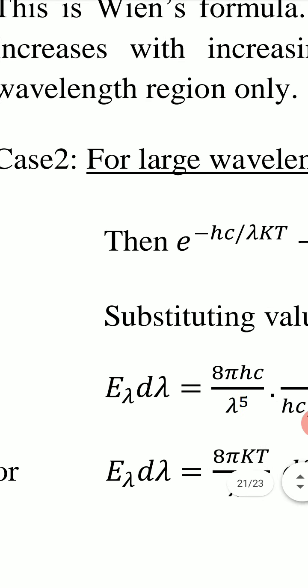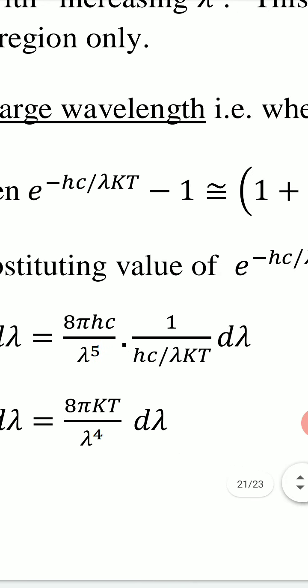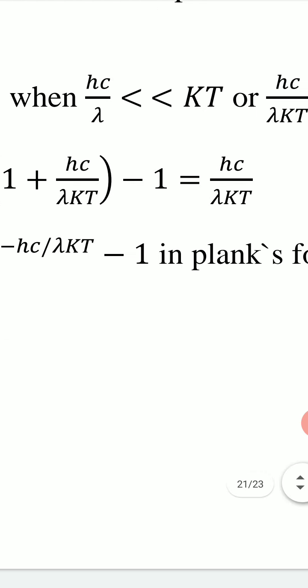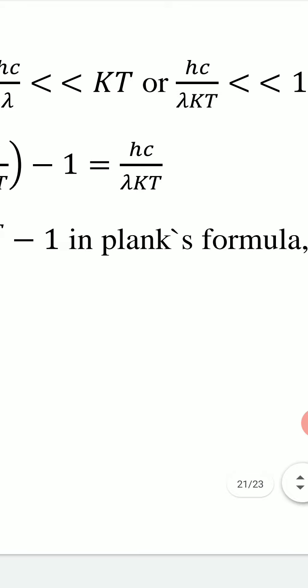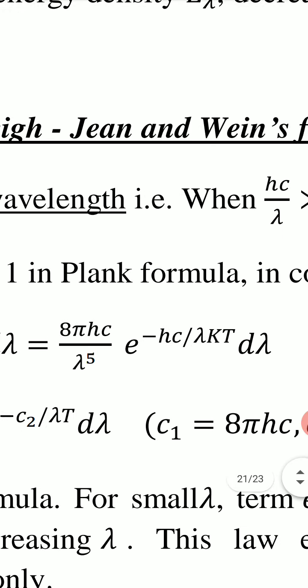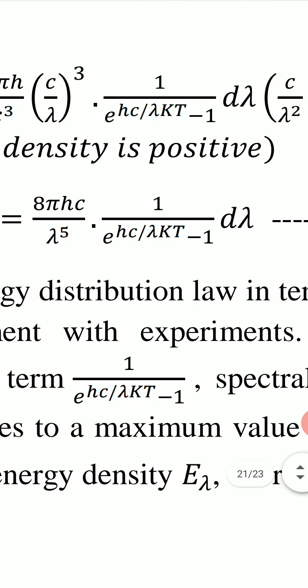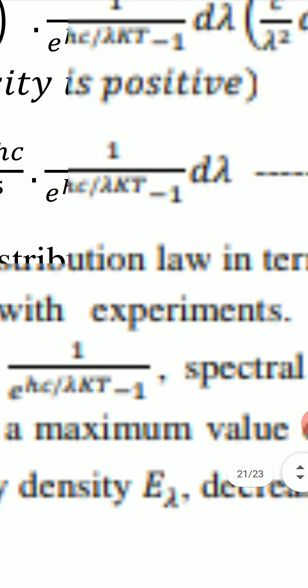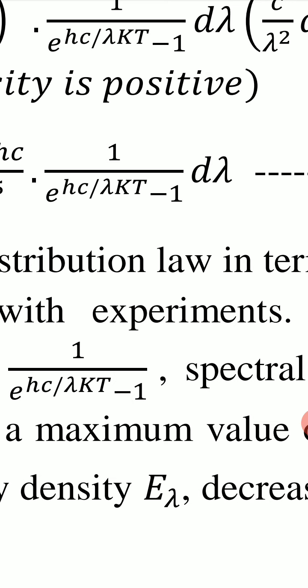Case second is for large wavelengths. When wavelength lambda is large, then hc upon lambda will be much smaller than kT. So hc upon lambda kT is much less than 1. So in this exponential, hc upon lambda kT is a much smaller quantity.